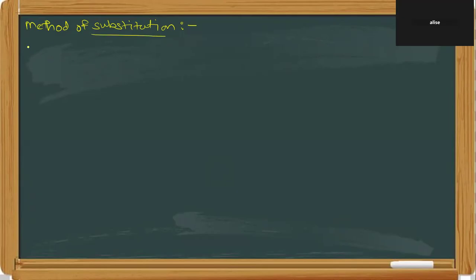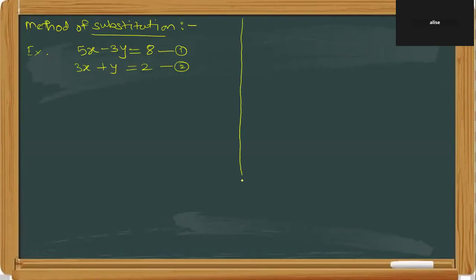Okay. Method of substitution. Now, in this method, let me tell you one example. 5x minus 3y equals 8 as equation 1, and 3x plus y equals 2 as equation 2. Now, to solve these two equations means what?